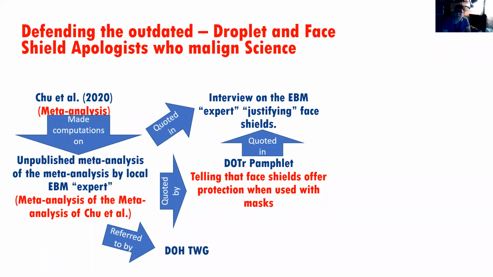The DOTR pamphlet refers to the unpublished meta-analysis by the said EBM expert, and that EBM expert, when interviewed in justifying the face shield mandate, quoted both his meta-analysis, Derek Chu's analysis, and the DOTR pamphlet itself. So it's a circle of self-reference.